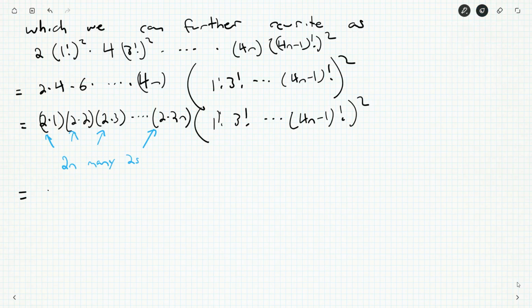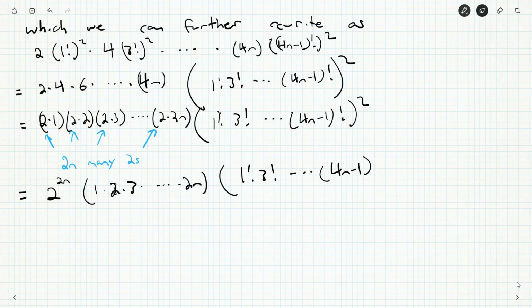So now I can say this is 2 to the 2n, 1 times 2 times 3 all the way up to 2n, 1 factorial, 3 factorial, all the way up to 4n minus 1 factorial squared. And then this guy becomes 2n factorial, and this becomes 2 to the n squared.